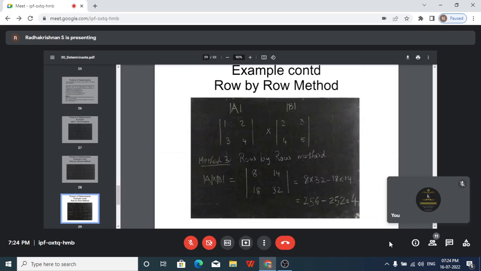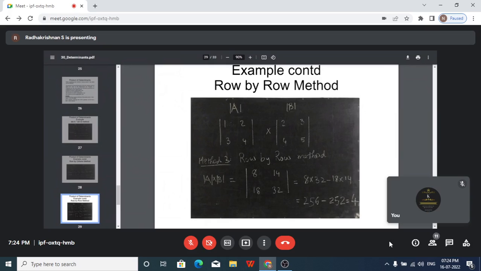That means 1 into 2 plus 2 into 3, which is 8. Now first row into second row: 1 into 4, 2 into 5, that is 14. Next, second row into first row: 3 into 2 plus 4 into 3, that is 18. Finally, second row into second row: 3 into 4, 4 into 5, which is 32.